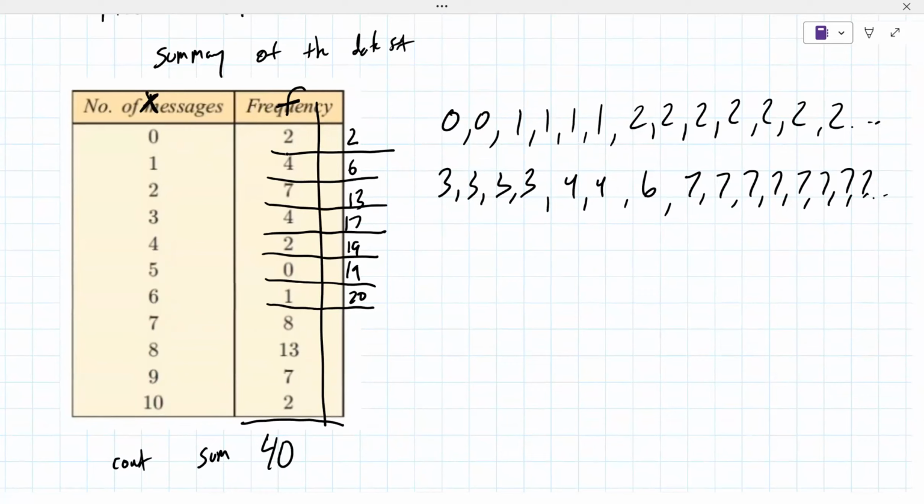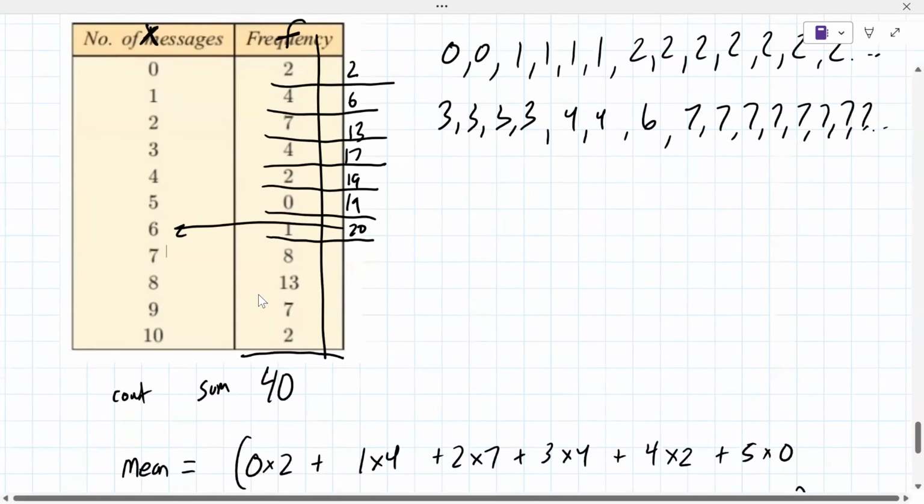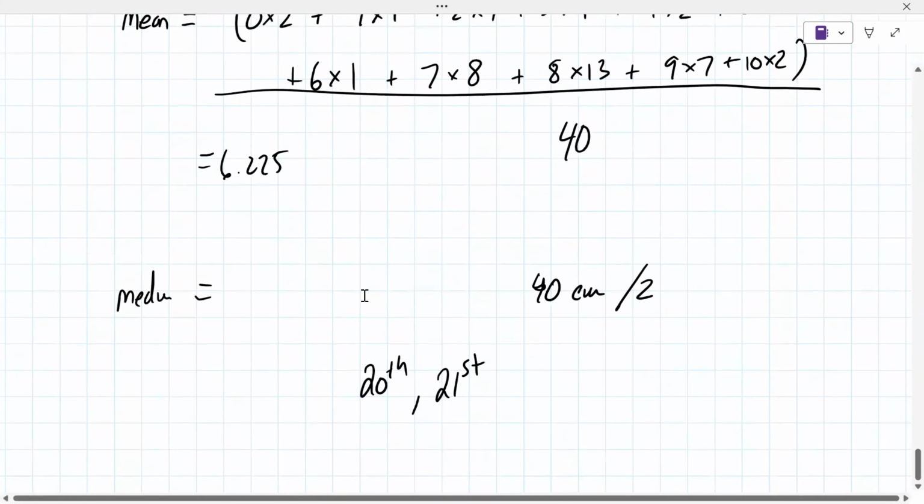Okay, wait, sorry. So what value is 6, you said? The 20th value is 6, because you're adding up those numbers until it gets to 20, which would be the middle, which is the median. Well, that's the 20th. We need the 20th and the 21st.